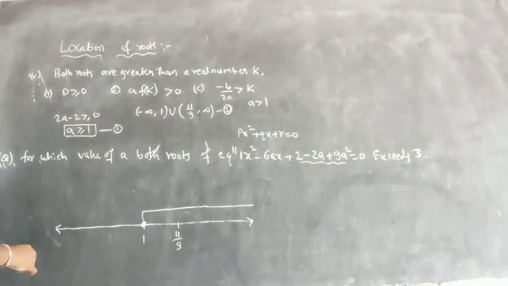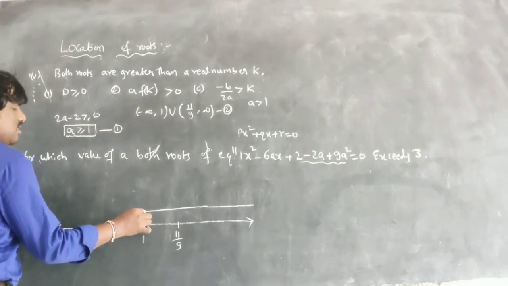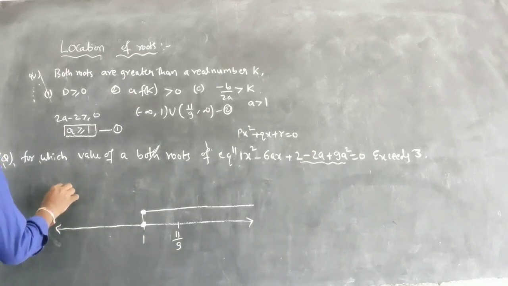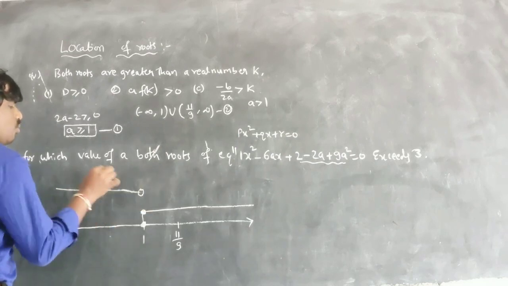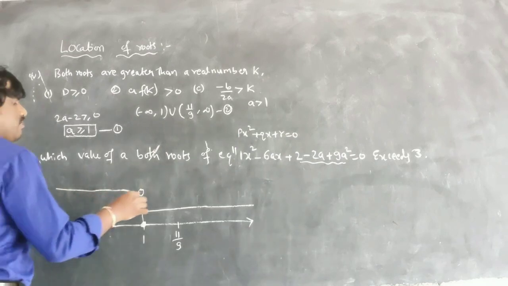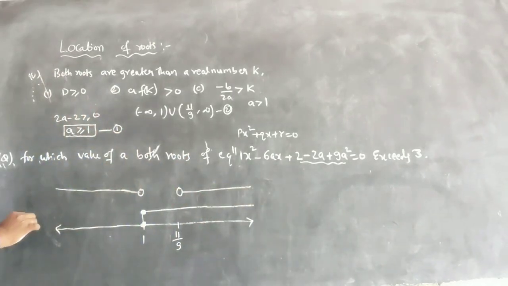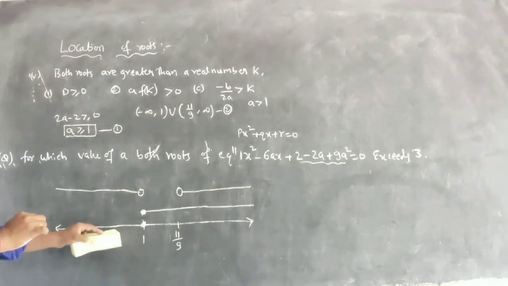Okay, the second case is minus infinity to 1, but here it is open, and 11 by 9 to infinity. This is the second case.